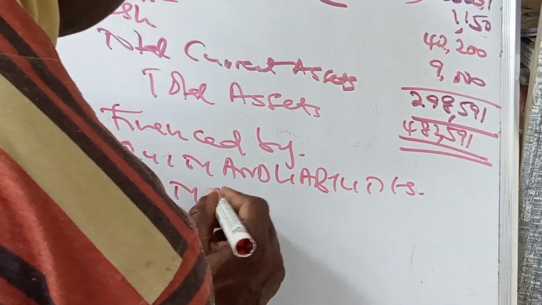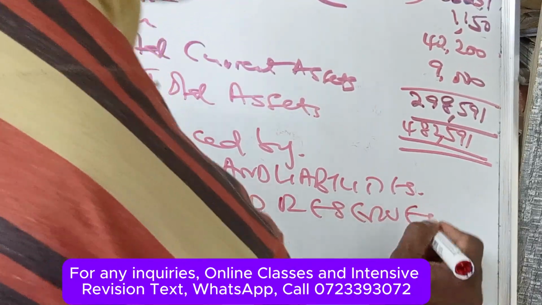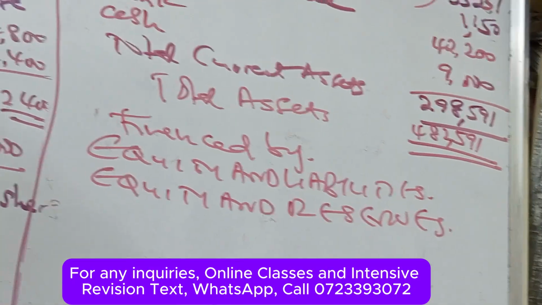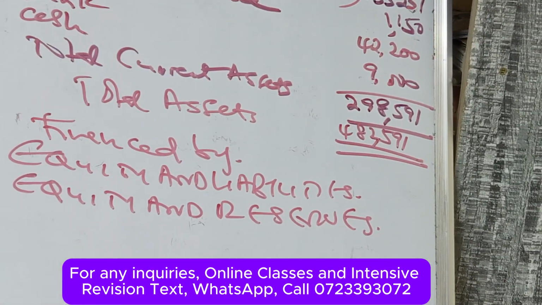Always ask yourself, did you do any adjustments within any of those? You can see we have not done any adjustments there, so we go straight to the trial balance and we get our figures.